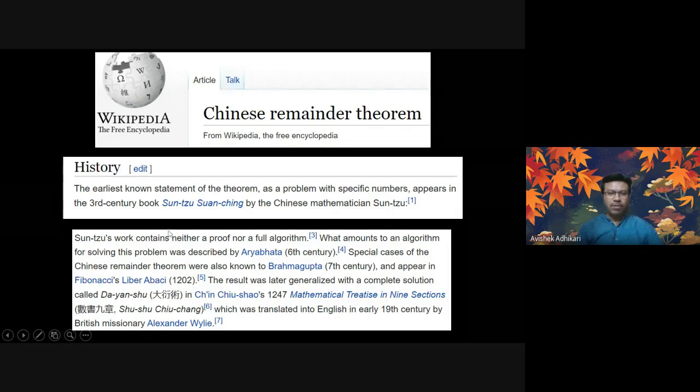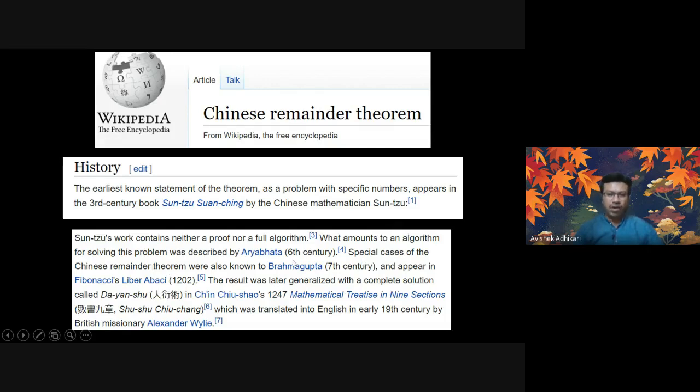But no proof was there, no algorithm was there. It was for the first time Aryabhatta, in the 16th century, who gave an algorithm to prove it. It's also known that Brahmagupta knew a special case of the Chinese remainder theorem.